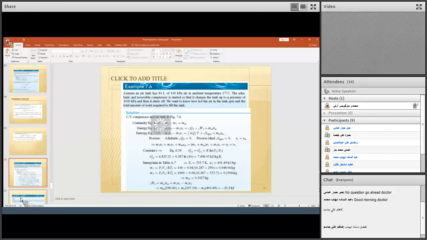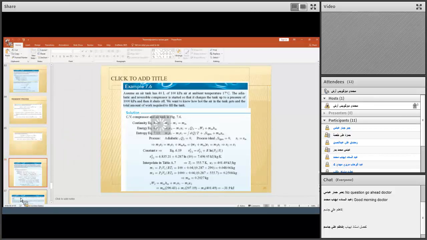An adiabatic and reversible compressor starts to charge the tank to a pressure of 1000 kilopascal, and then it shuts off. We want to know how hot the air in the tank gets and the total amount of work required to fill the tank. So consider a simple example.